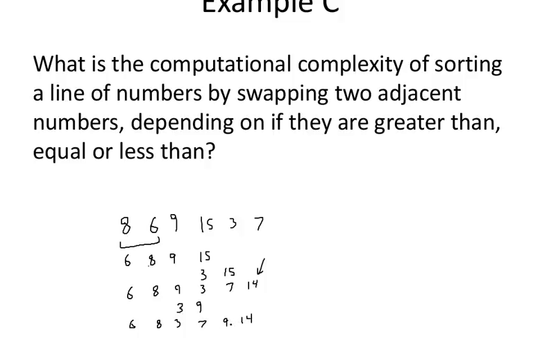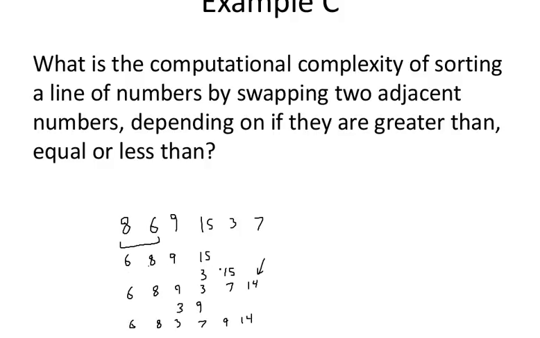You don't even need to check that again. And now you repeat the process. 6, 8, 8, 3. 3 becomes swapped, and it becomes 6, 3, 8. Then 7 and 8 become swapped, and you repeat, until 3 is on the left-hand side, and every number beyond that is sorted upwards.